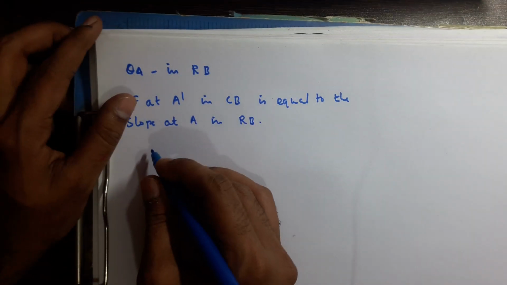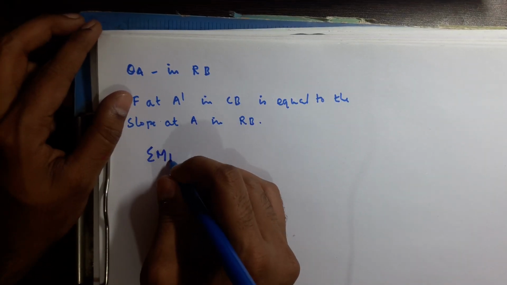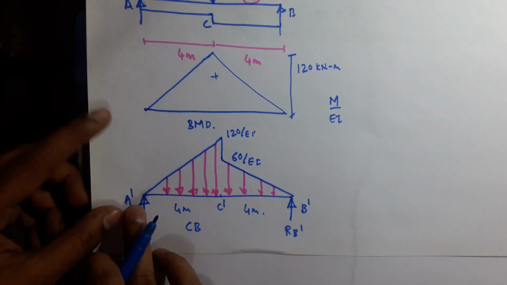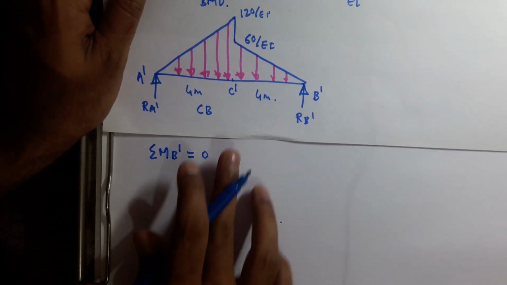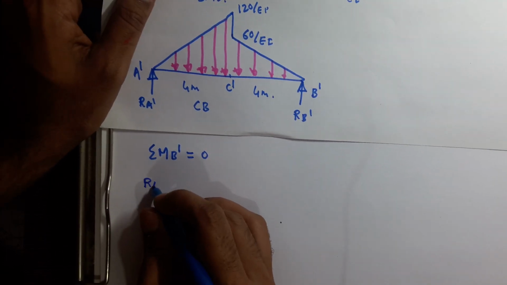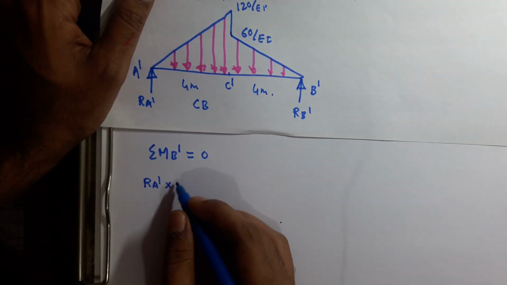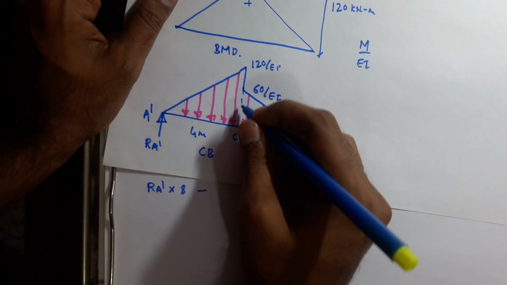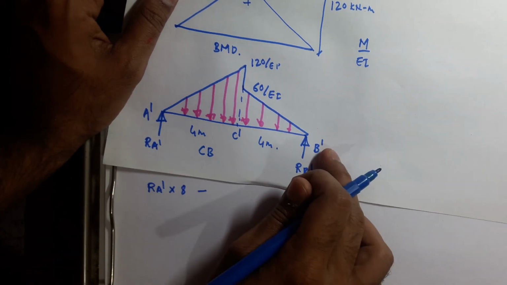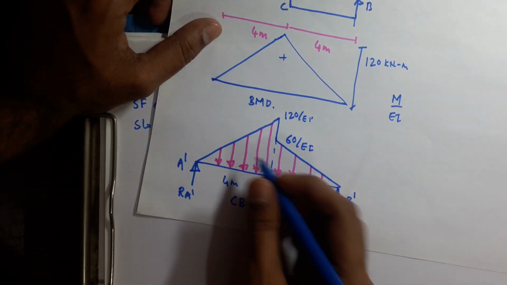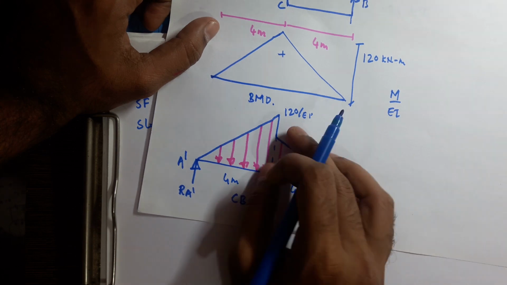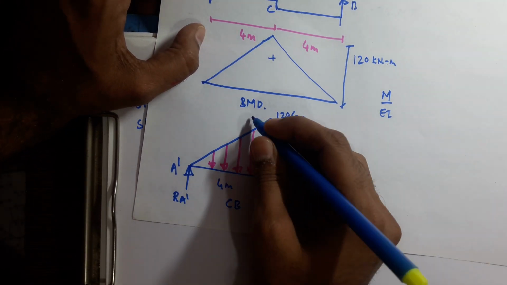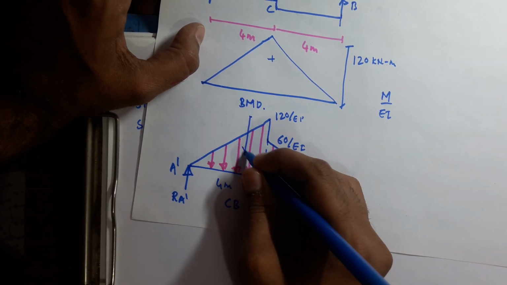So for RA dash, we have to take bending moment about point B dash and equate it to 0. Now you see we are going from left to right. In this case, RA dash into 8. Then we have two triangles between A dash and B dash. So we have this triangle. The height of this triangle is 120 by EI and the base is 4 meter, and the total load of this triangle will be acting here.